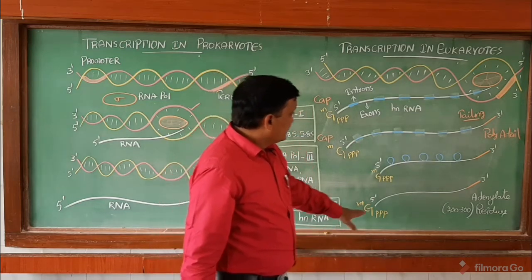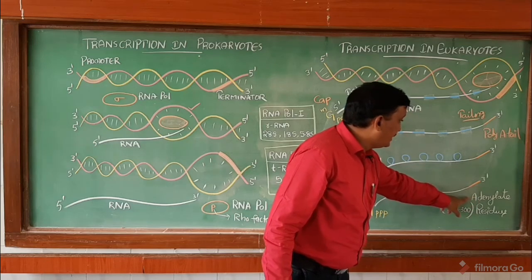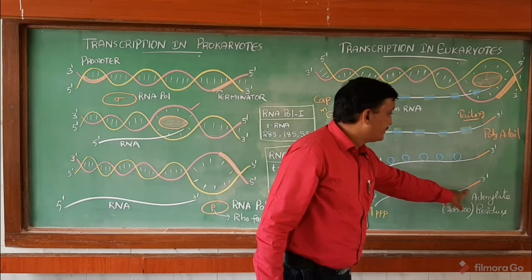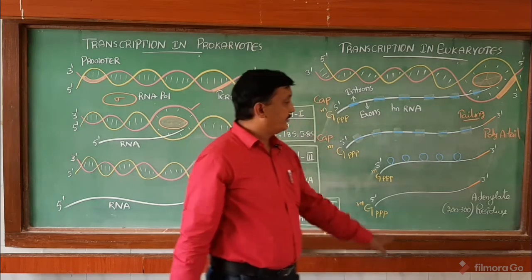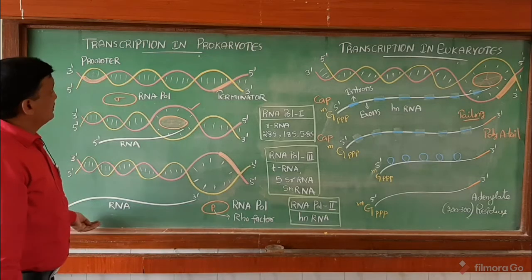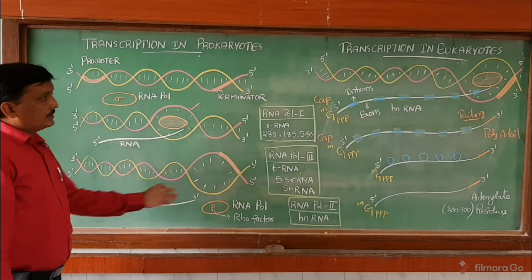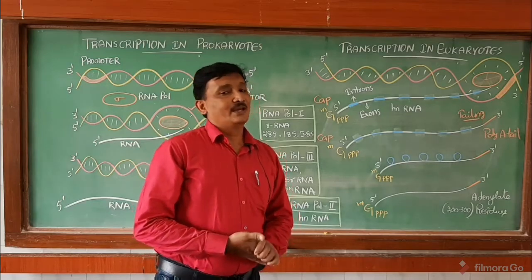And you can see very clearly at the 3' end adenylate residues are added, that means tailing is there, and towards the 5' end methyl guanosine triphosphates are added. That will not be there in prokaryotic organisms. So these are the main differences between transcription in prokaryotes and eukaryotes, right?